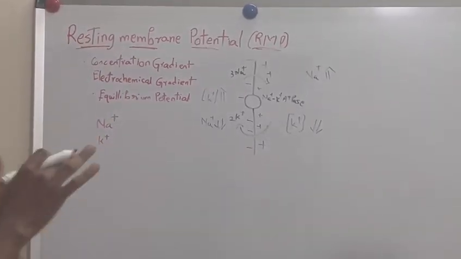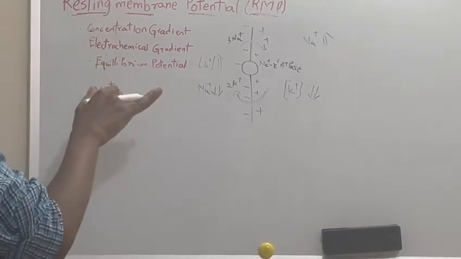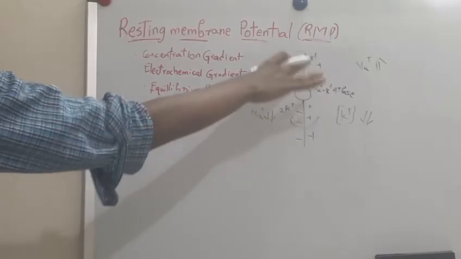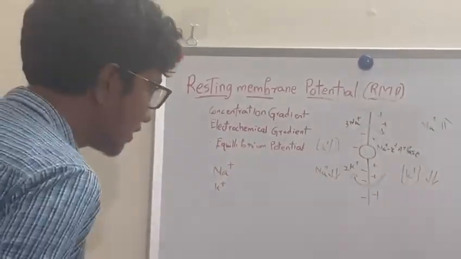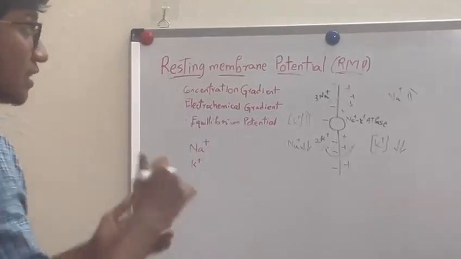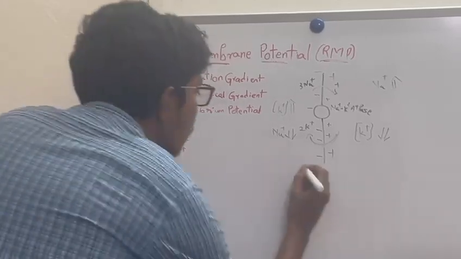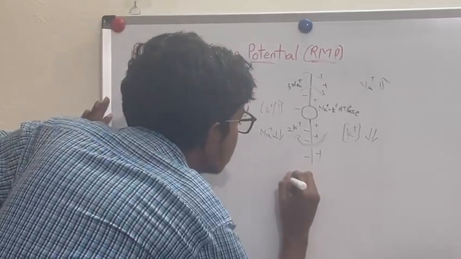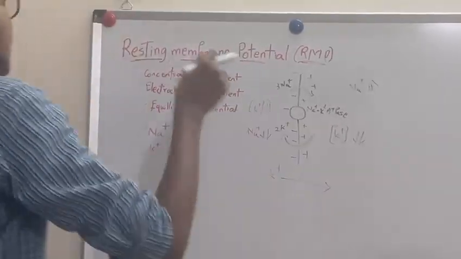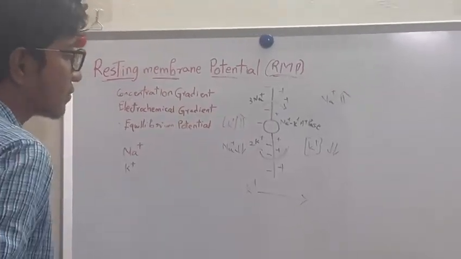So by the law of diffusion, the potassium ions will move from inside of the cell to outside of the cell because there are more potassium ions inside and fewer outside. So in the starting, as more potassium channels are active, potassium ions start flowing from inside of the cell to outside due to the concentration gradient.